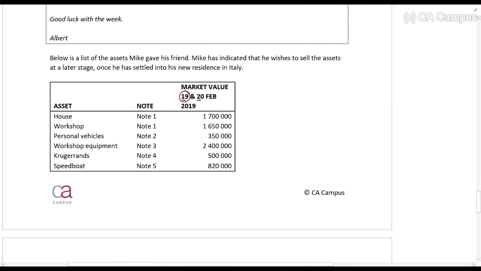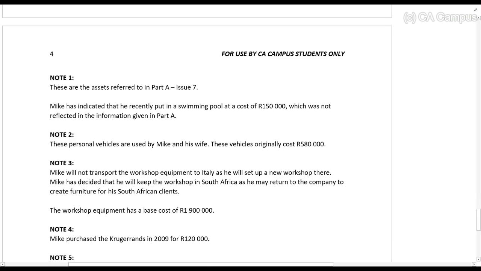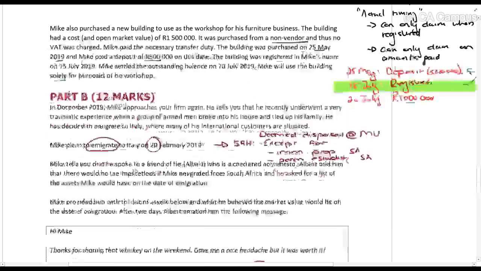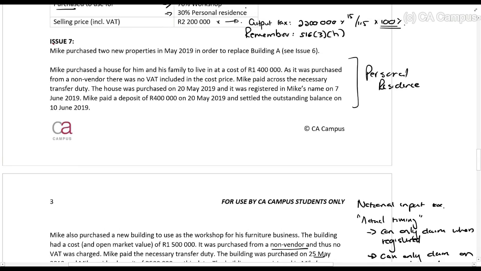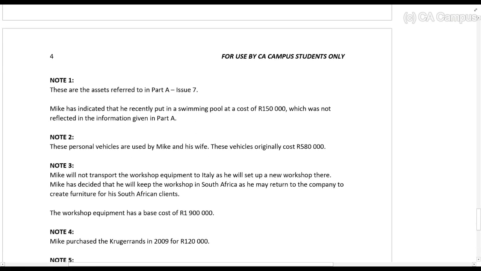So there's a house and a workshop, both of these note 1. These are the assets referred to in Part A, Issue 7. So let's just go and see. Alright, so Issue 7 was the house he had purchased and the new workshop. Mike has indicated that he recently put in a swimming pool at a cost of 150,000, which was not reflected in the information given in Part A. Okay, so this is an improvement, and improvements are usually added to base cost.